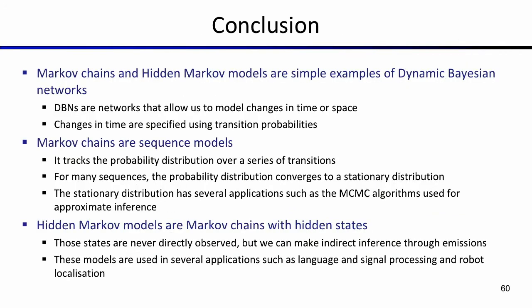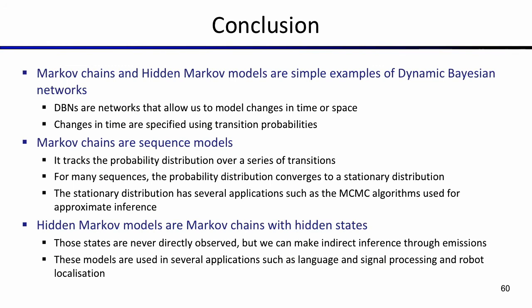So great, we got to the end of our lecture about Markov chains and hidden Markov models, and these are simple examples of dynamic Bayesian networks. A dynamic Bayesian network is a network that allows us to add nodes in order to model chains over time or space. We discussed Markov chains. They are interesting because they allow us to track the probability distribution over a series of transitions in time.